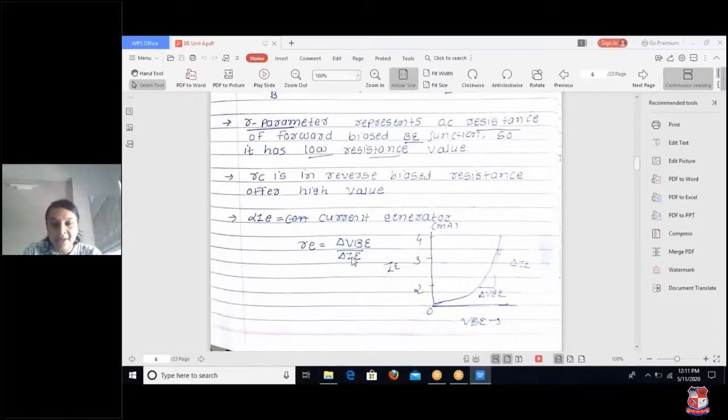The value of RE is found from the input characteristics, right? Your input characteristics is IE versus VBE. Whenever we apply the input voltage, your current increases linearly. From this graph we find the values of delta IE and delta VBE, so we can find the value of the AC resistance, right? So our AC resistance is RE equal to delta VBE upon delta IE. Okay.